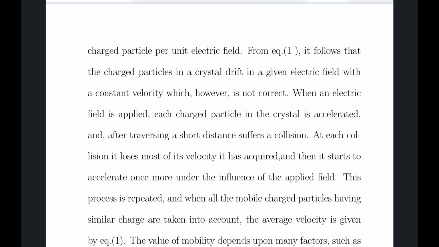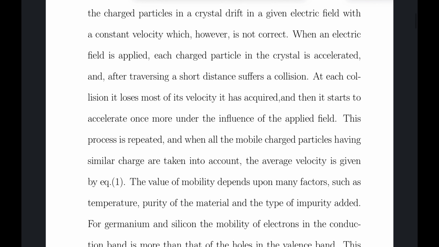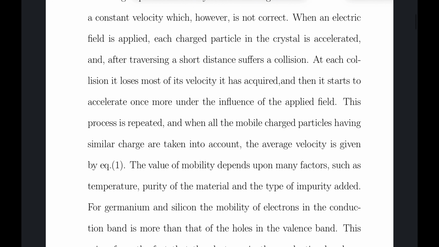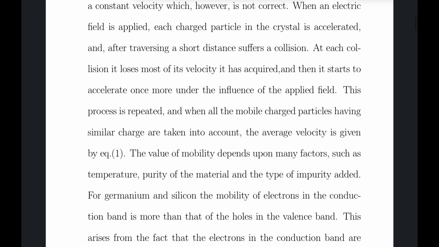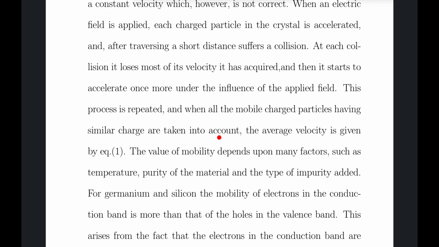At each collision, it loses most of the velocity it has acquired, and then it starts to accelerate once more under the influence of the applied field. This process is repeated, and when all the mobile charged particles having similar charges are taken into account, the average velocity is given by equation 1.